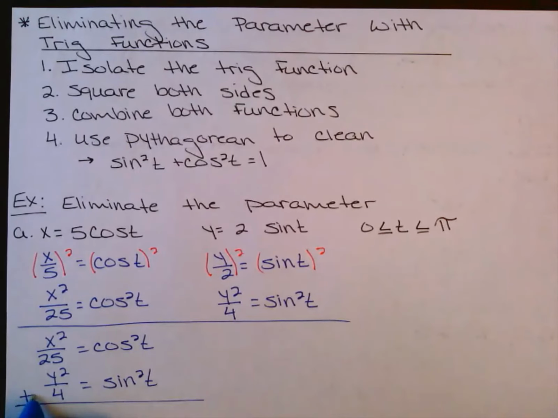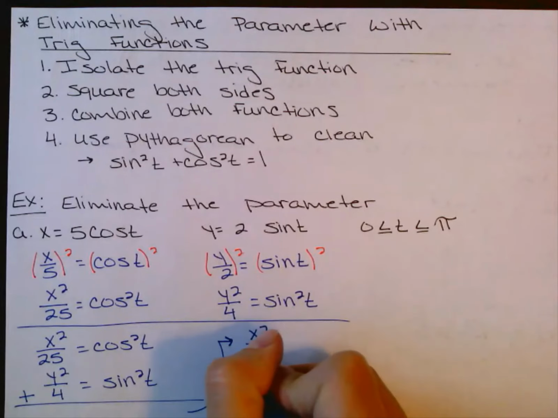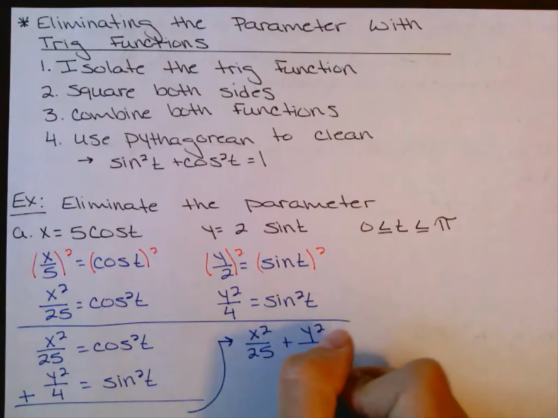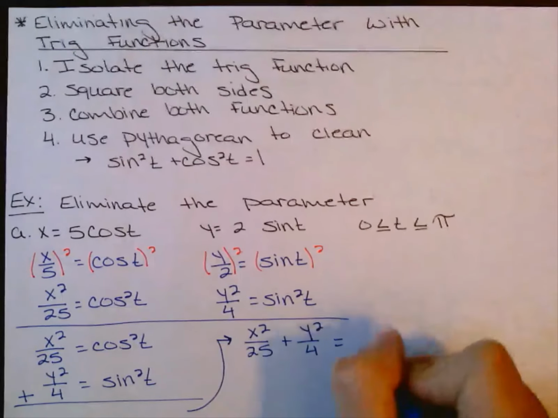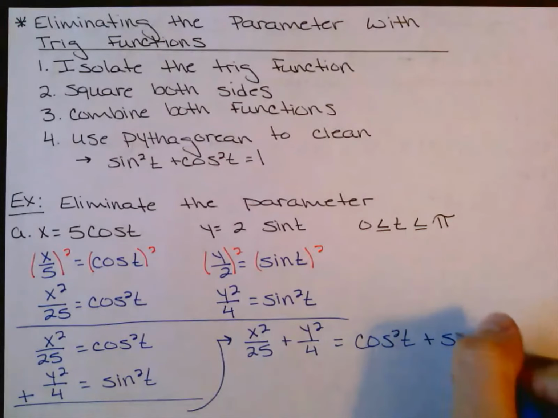And we're going to add those two together, okay? When I add them together, I have x squared over 25 plus y squared over 4 equals cosine squared of t plus sine squared of t.